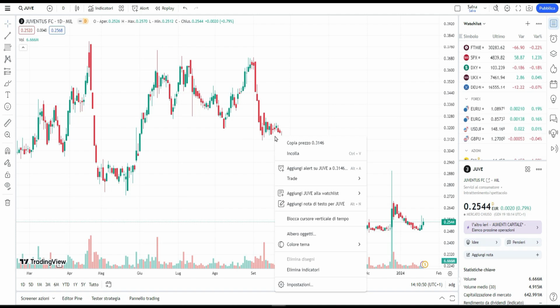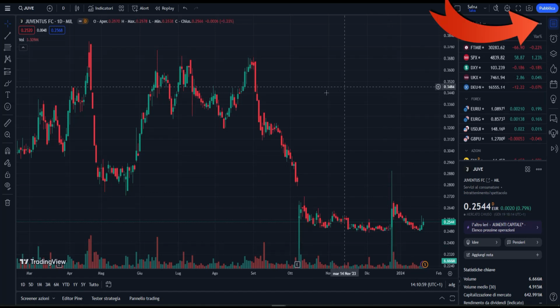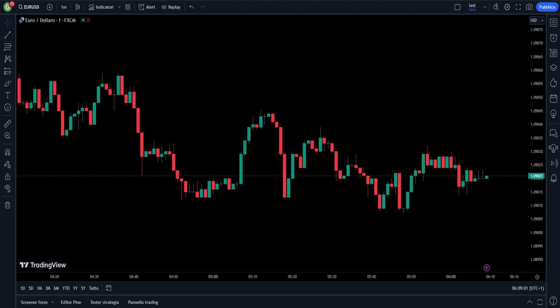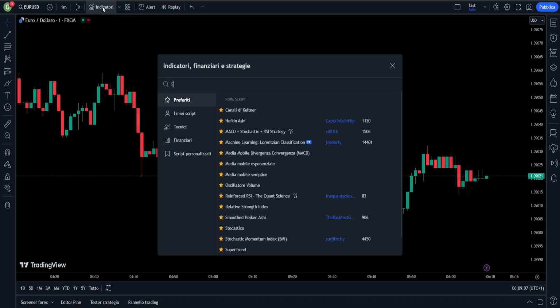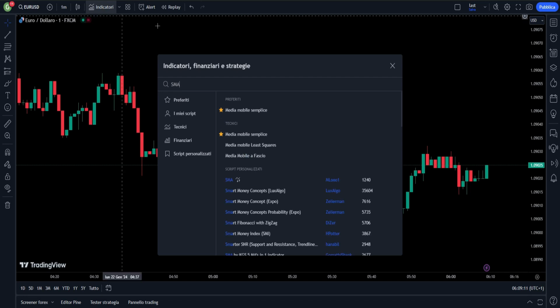Let's change the background color and hide the right column. Above, we open the Indicators page and try to insert a moving average as an example. To change the parameters, click on the wheel at the top left.